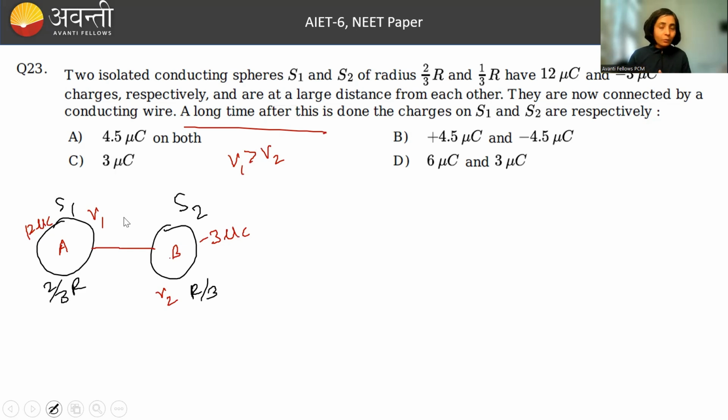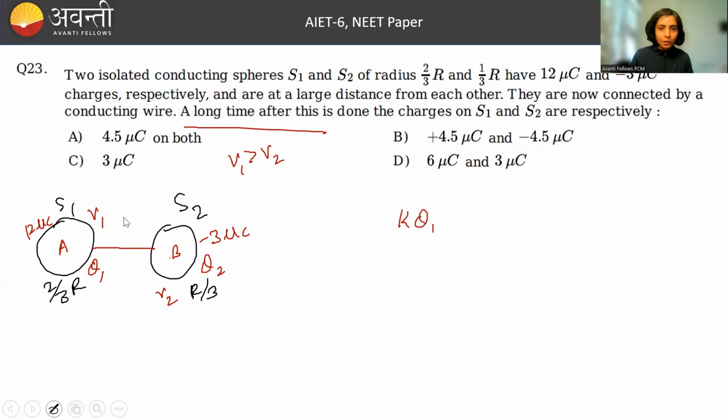When they will get connected, what will happen? Charge will flow from high to low potential, and they will flow until their potential will become constant. Okay. So final charge, suppose at A it is Q1 and at B it is Q2. So finally their potential will become equal.